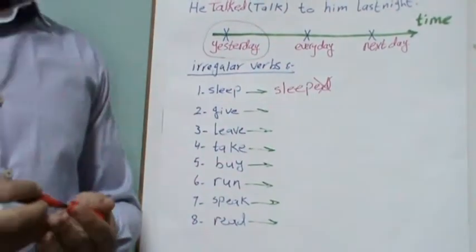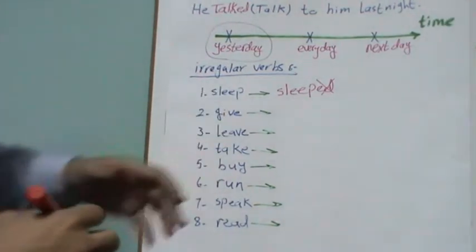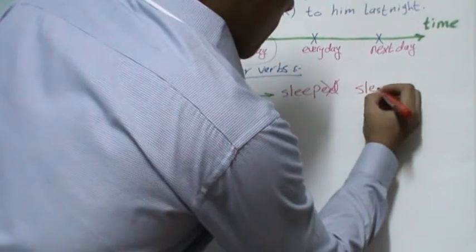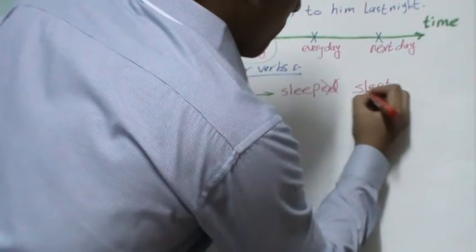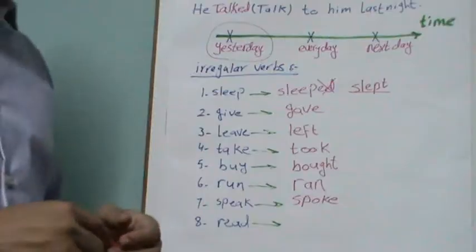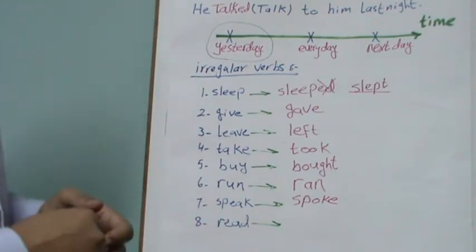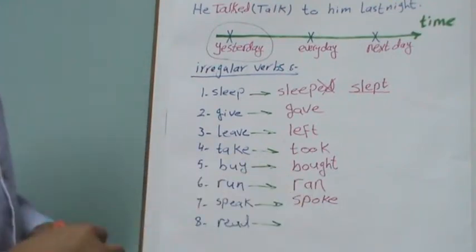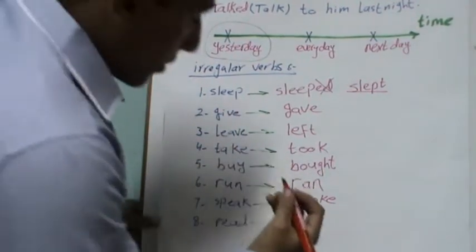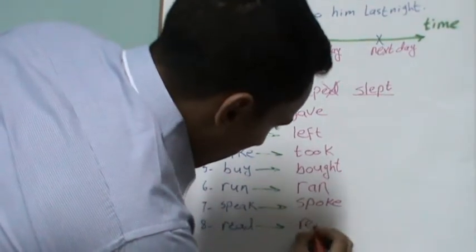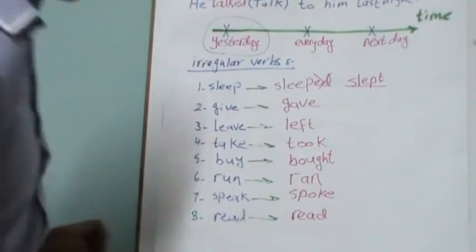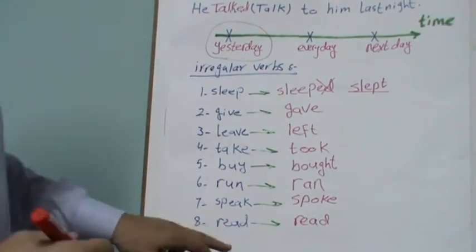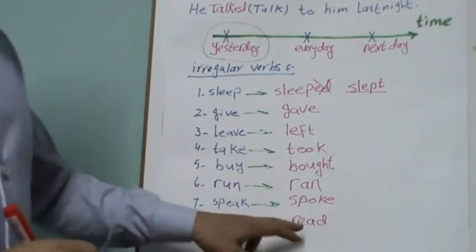This is wrong. So the verb sleep in past simple is slept. Slept. Okay? And our last verb, which is a tricky verb, we write it as it is in present, but its spelling is different. So in present it's read, and in past it's read.